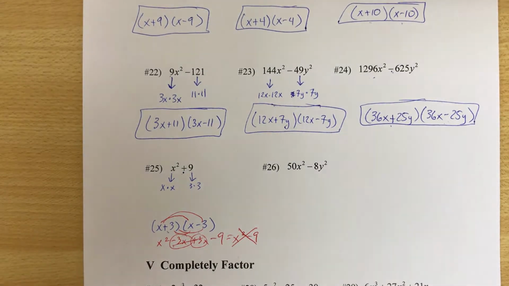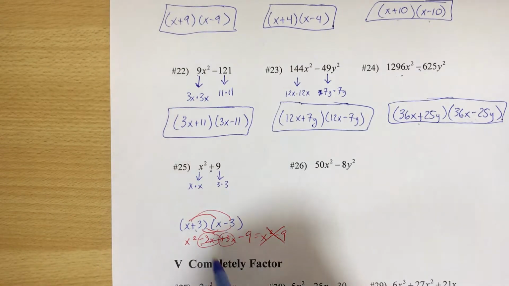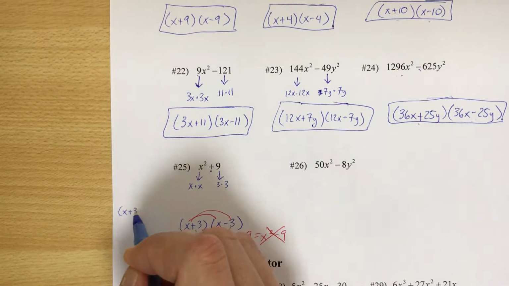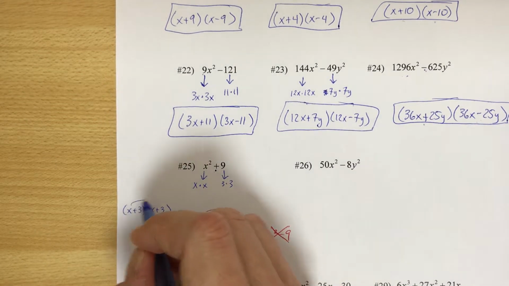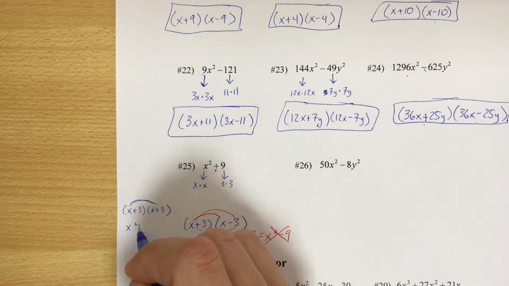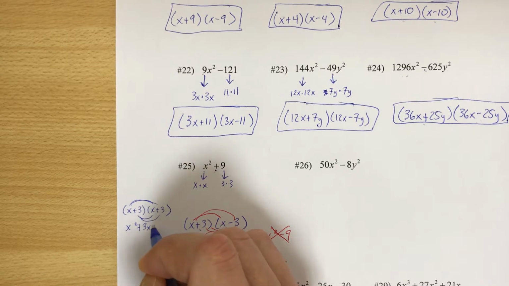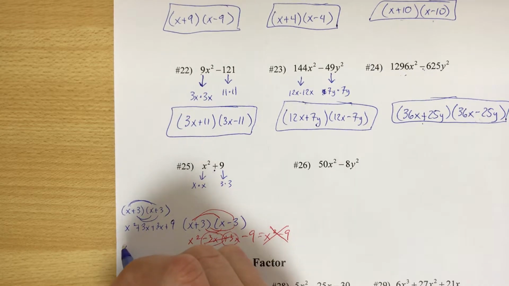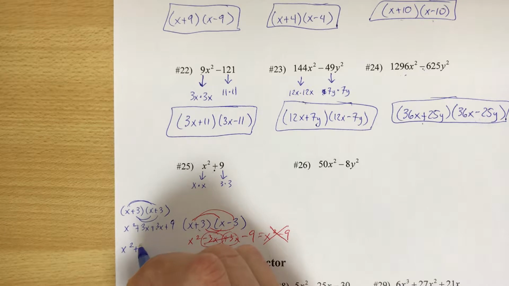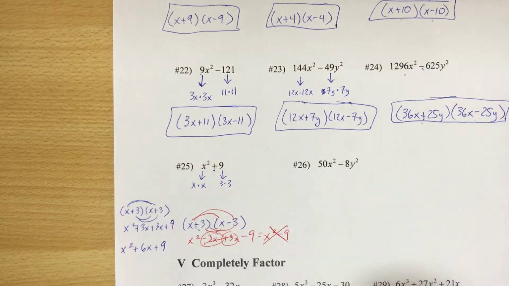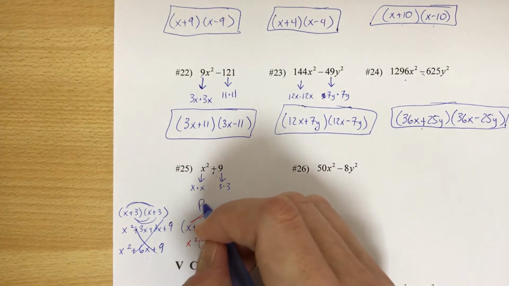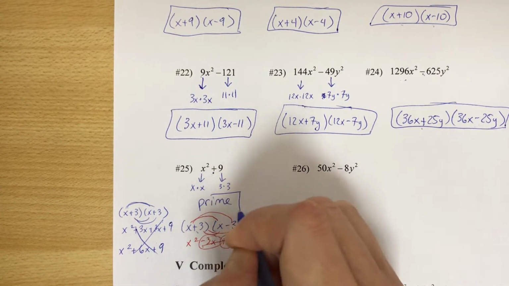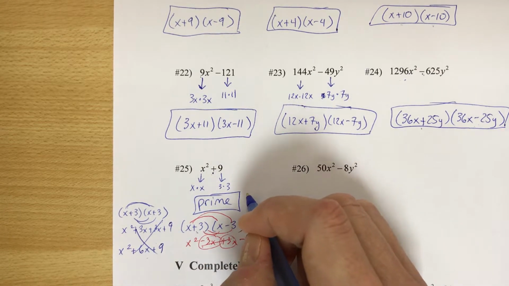So then you're going to say, all right, what about x plus 3 times x plus 3? If we double distribute there, we would get x squared plus 3x plus 9. And the problem is your middle term is not 0. That adds up to 6x. That's also wrong. So what happens in this case? We call this prime. Prime means you cannot factor.